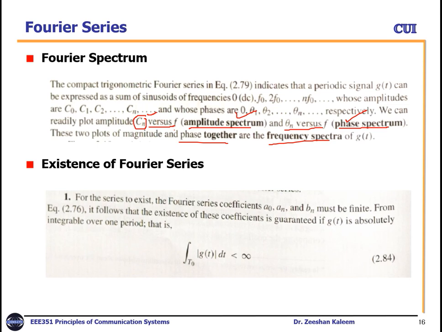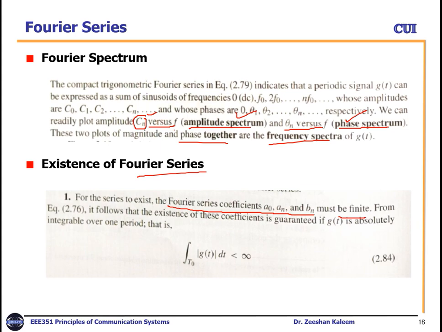The other thing is the condition under which the Fourier series exists, so that we can calculate it; otherwise it is not possible. For the series to exist, the Fourier series coefficients we calculated in the previous slide, a naught, an and bn, must be finite. If one of them becomes infinite, then we can't calculate the Fourier series of that signal.